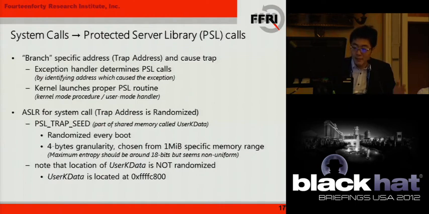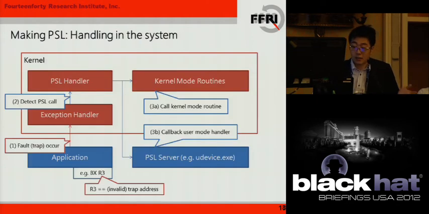If the exception handler catches the PSL call, it redirects to the PSL handler, which could be a kernel mode function, or it could be a user mode callback. And the thing is, predicting trap addresses will make exploitation much easier.